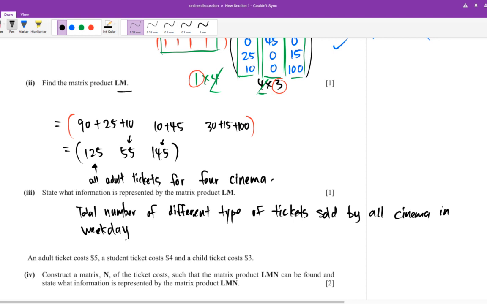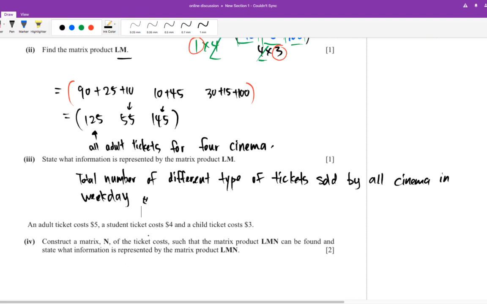Of course you can write anything that you find makes sense, then you just use it. It doesn't matter because it's just 1 mark.